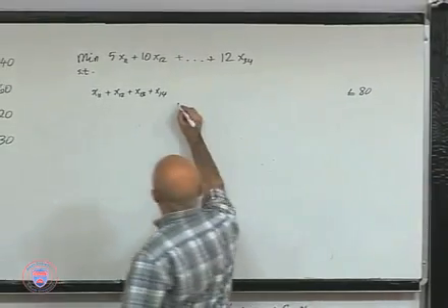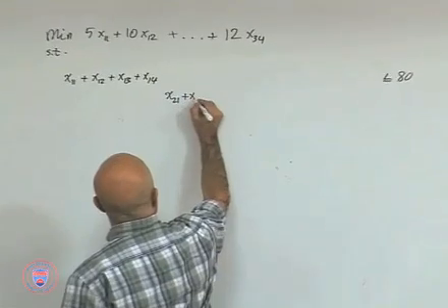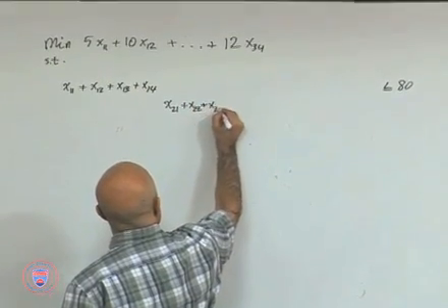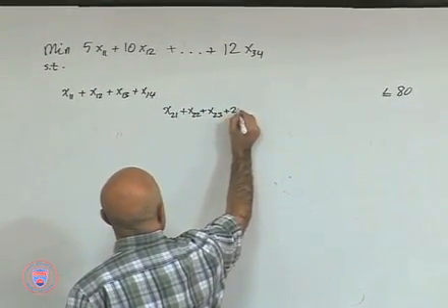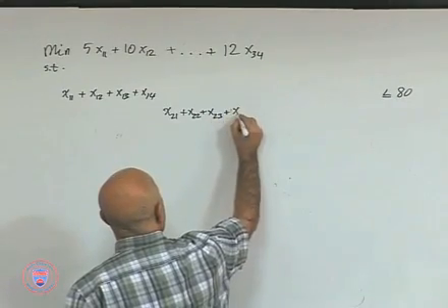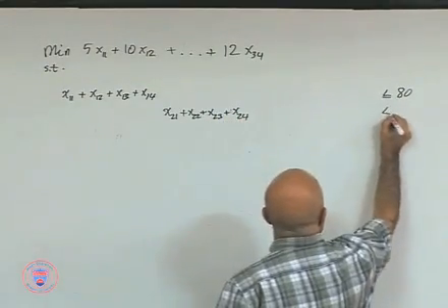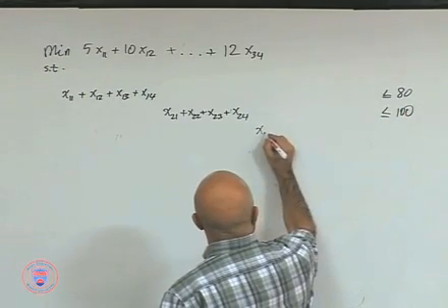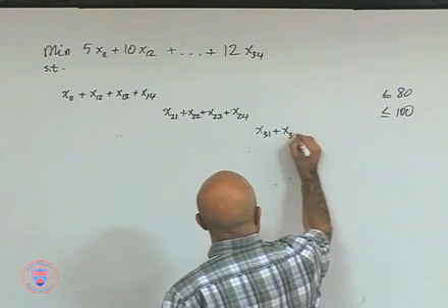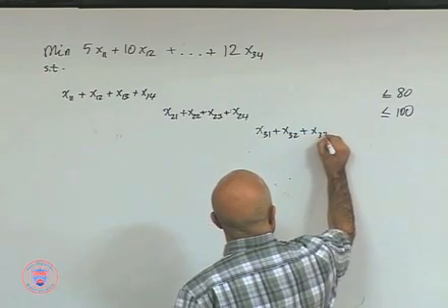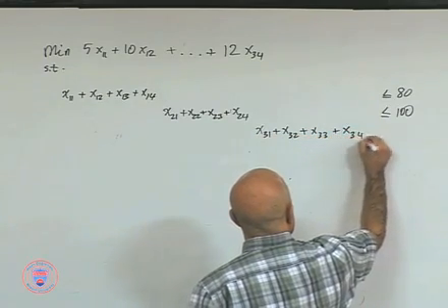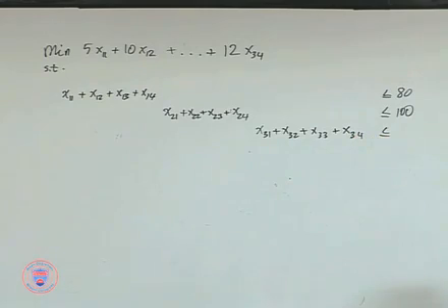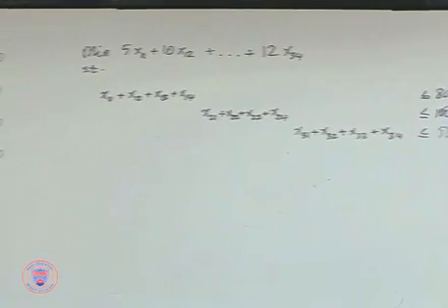Second one, x21 plus x22 plus x23 plus x24 no more than 100, and x31 plus x32 plus x33, plus x34 no more than 50. These are your supply constraints.